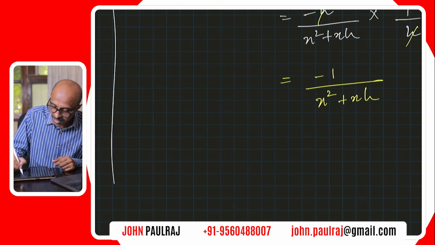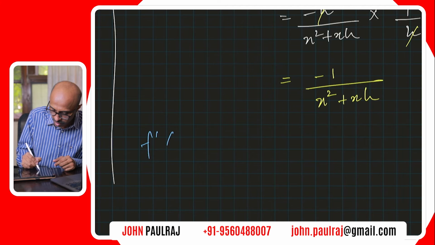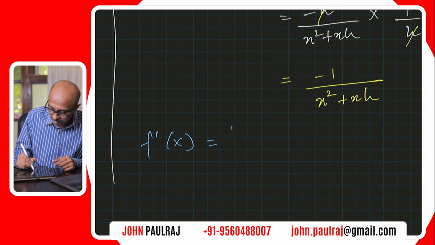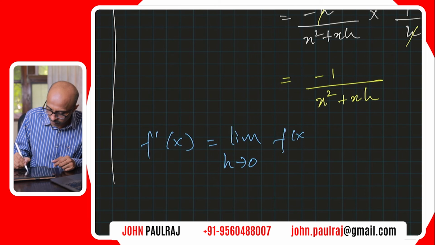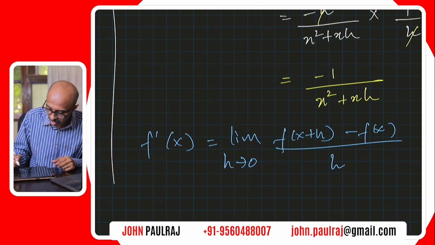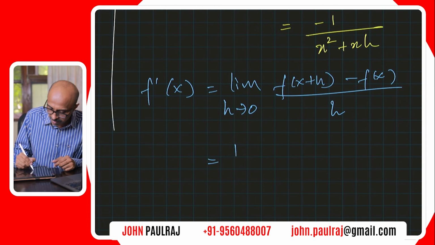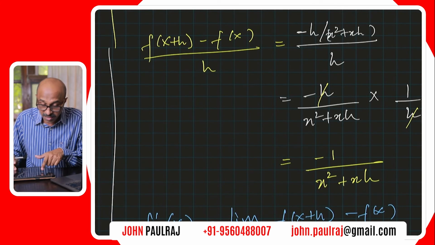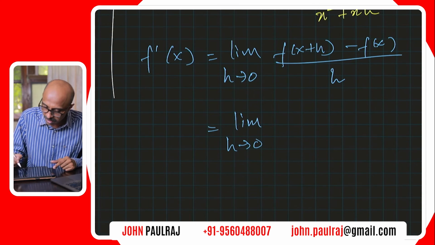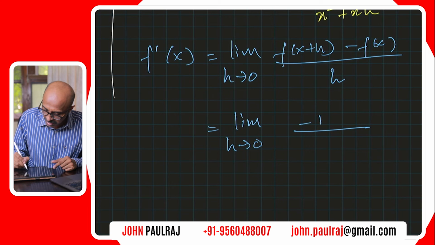And then we can say that the limit of the difference quotient, which is the derivative of the function, is just taking the limit as h approaches 0 of f of x plus h minus f of x, the whole thing divided by h. That should just be the limit as h approaches 0 of this term. We've just calculated that, right? So this is going to be just negative 1 over x squared plus xh.